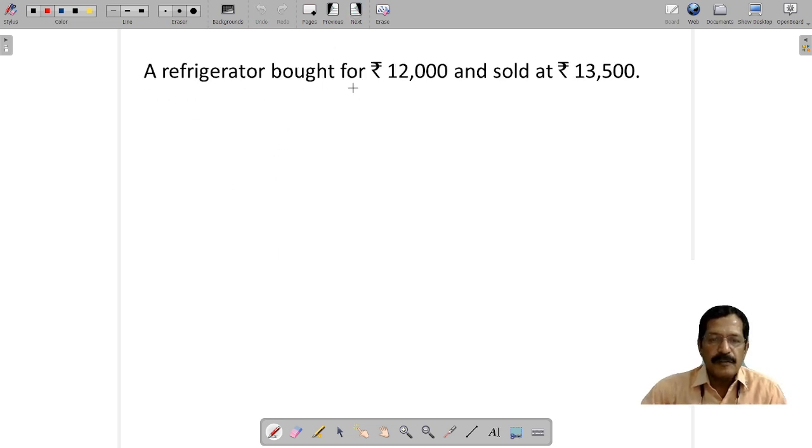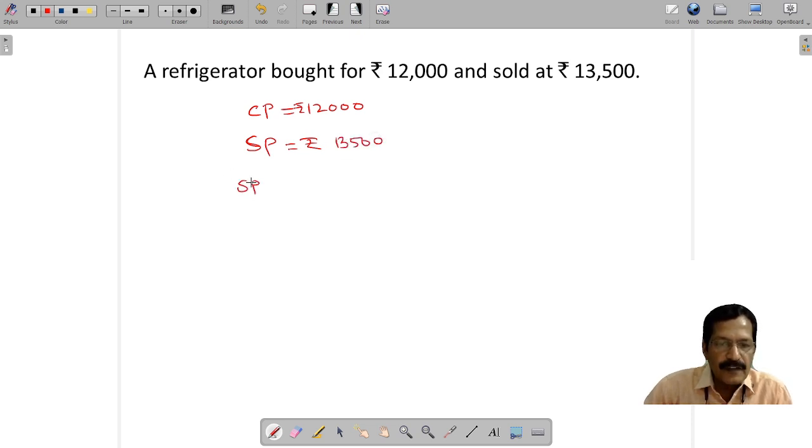Now, a refrigerator is bought for rupees 12,000 and sold for rupees 13,500. What is the profit or loss in that transaction? Now, what is the cost price? Cost price is equal to rupees 12,000. What about selling price? Selling price is equal to rupees 13,500.